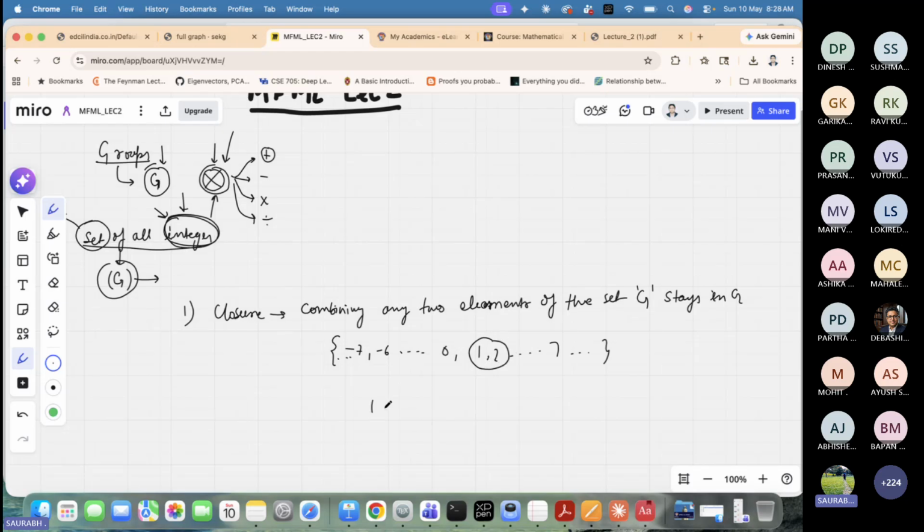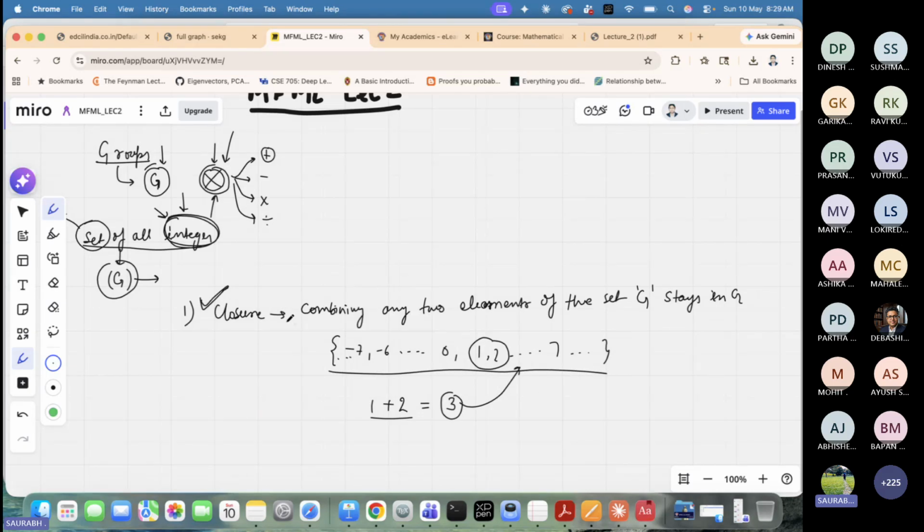Let's combine them using a mathematical operator, let's say plus. So 1 plus 2, the output is 3. Now, is 3 a part of the set itself? Yes. So closure is valid in the set of integers.